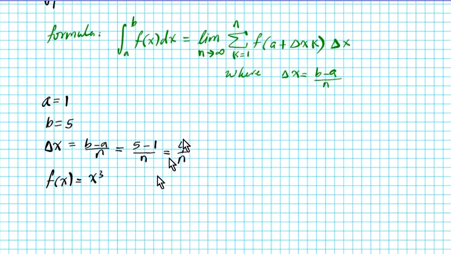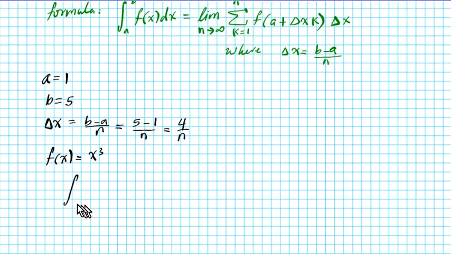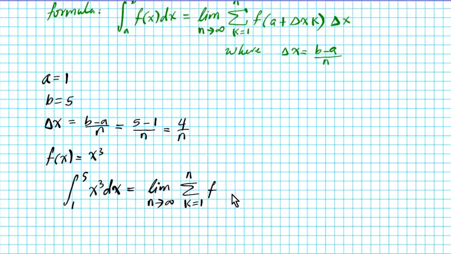Alright, we're ready to apply this formula to the problem. The integral from 1 to 5 of x to the third dx, written as a Riemann sum, is the limit as n approaches infinity of the discrete sum from k equals 1 to n of the function evaluated at a plus delta x times k. A is 1 plus delta x, which is 4 over n.